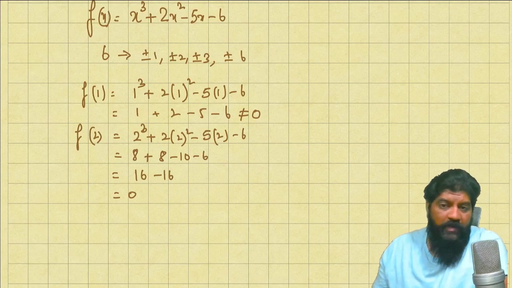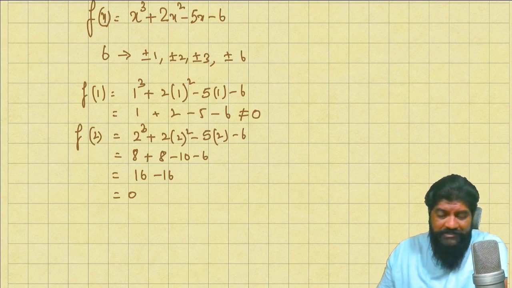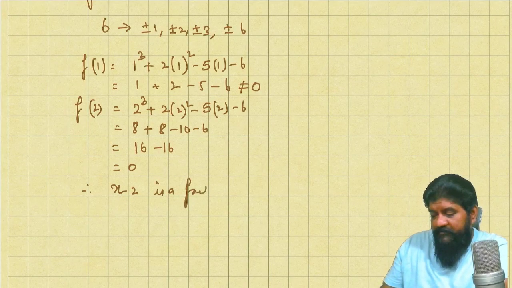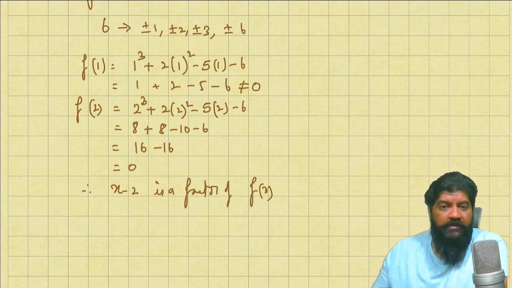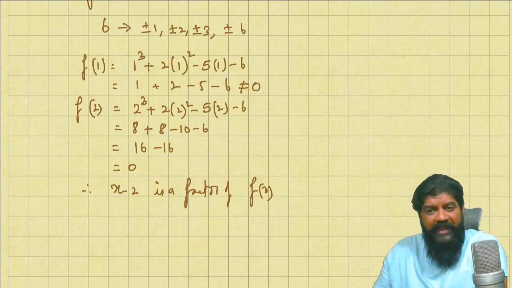Well, what does that mean? It simply means that x is equal to 2 is a zero of the equation. Therefore, x minus 2 is a factor of f of x. You see, this is something that you learn in 9th standard, but that's okay if in case you have forgotten. x minus 2 is a factor.